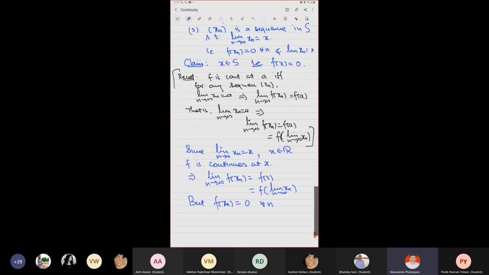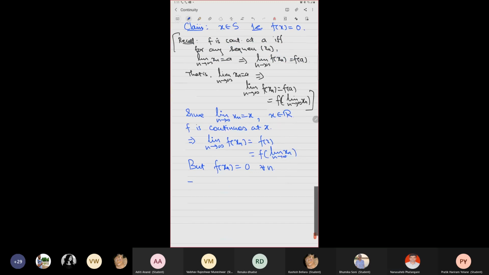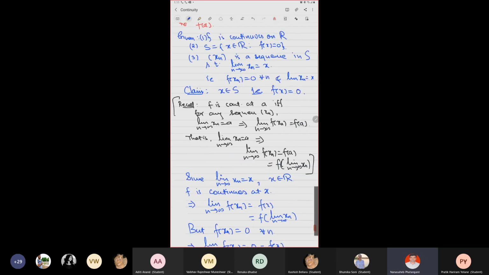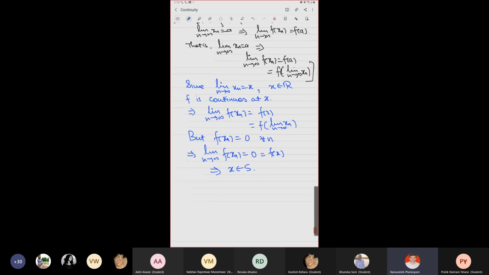So at each n, f of xn is 0. Therefore the limit as n tends to infinity of f of xn is 0, but we know that it is f of x. Ultimately, the value of the function at x is 0, that means x is in S. So the problem is very simple, just the sequential criteria, correct?